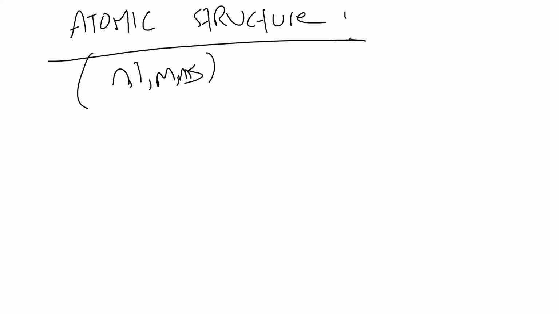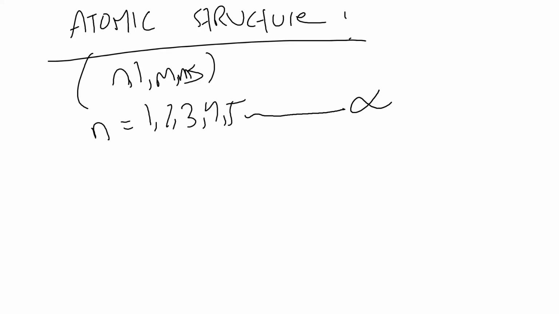The values of n go 1, 2, 3, 4, 5, up to infinity, always positive. The value of l equals 0, 1, 2, 3, up to n minus 1.